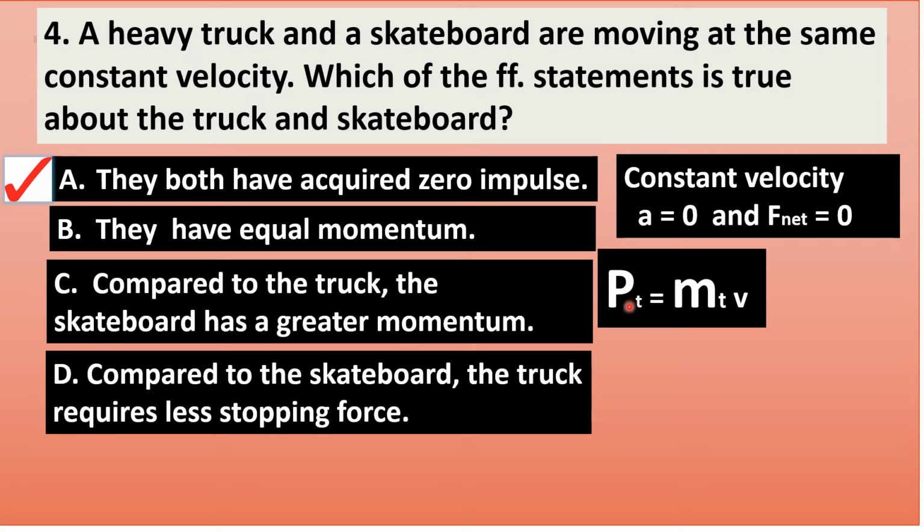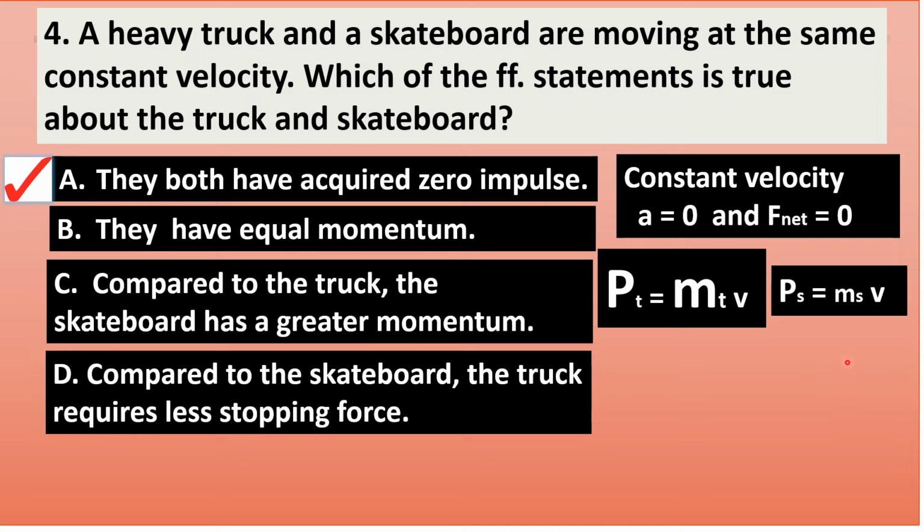The heavy truck, because it has a relatively bigger mass, with a velocity that is the same as that of the skateboard, but because of its bigger mass, we expect that its momentum would be large. That is the meaning of this equation.